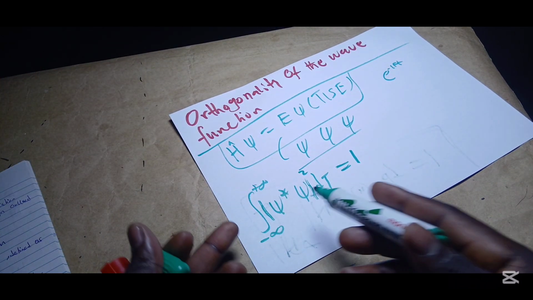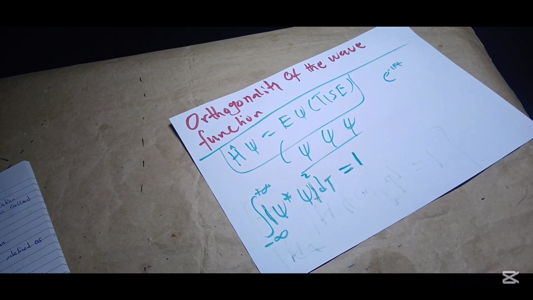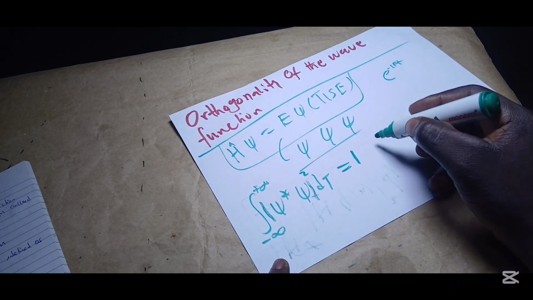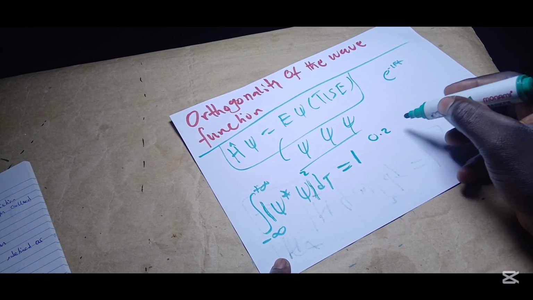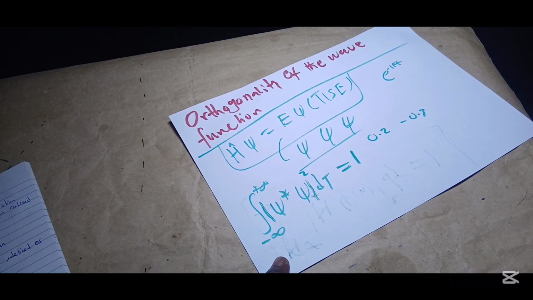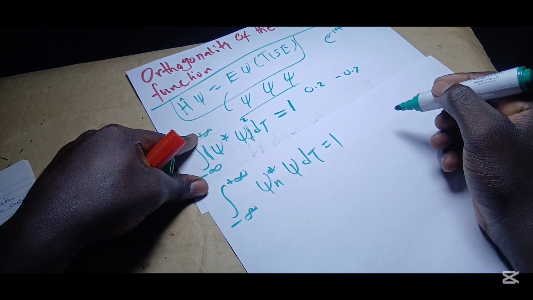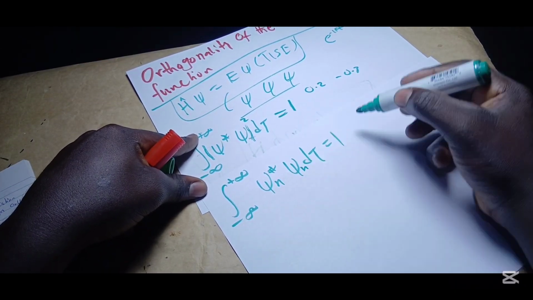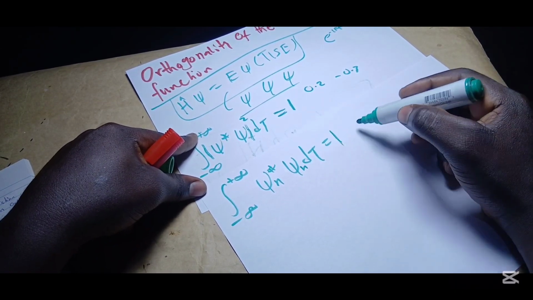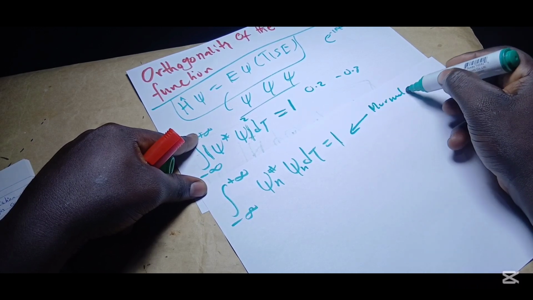Integrating from negative infinity to positive infinity, it should give us 1, not 0.2, which is 20%, not minus 0.3, which is minus 30% probability, which basically does not make sense. So from the normalization condition, psi operating on its complex conjugate giving us 1 indicates that this wave function is normalized.